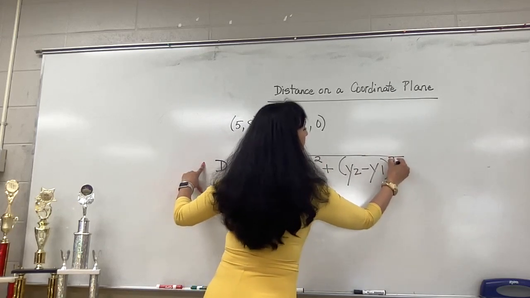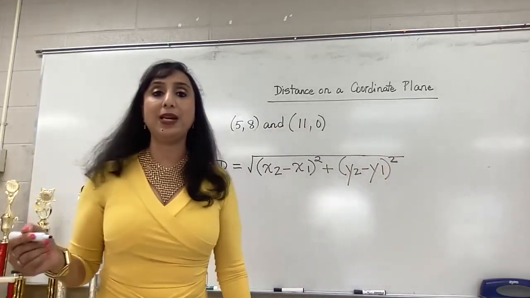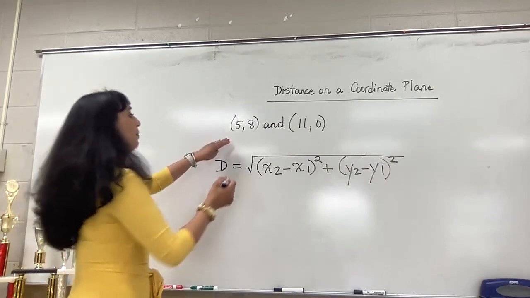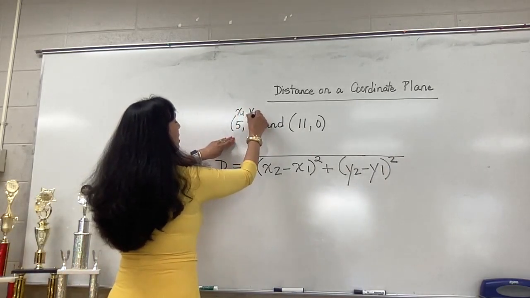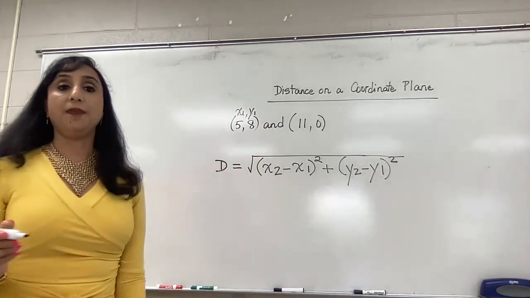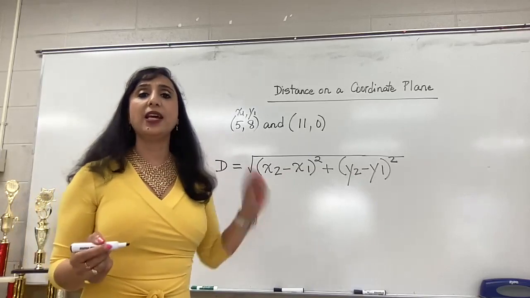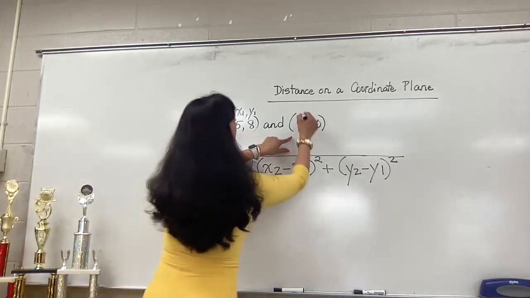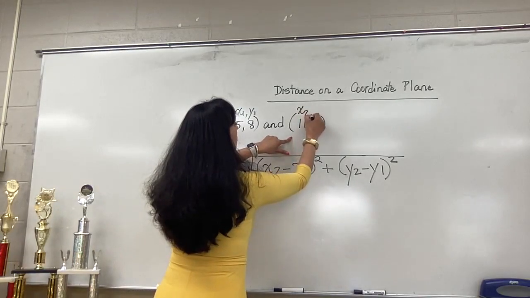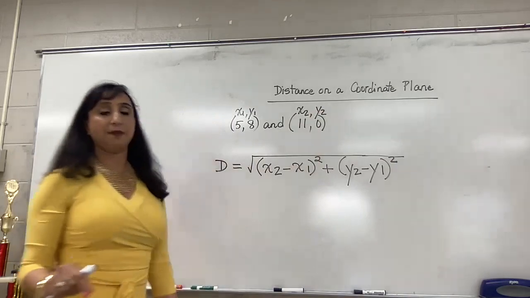When I say x2 and x1, basically the first ordered pair has x1 and y1. Remember, the first coordinate is always the x coordinate. The second coordinate is always the y coordinate. And this one is your x2 and y2. So we are trying to find the distance between these.